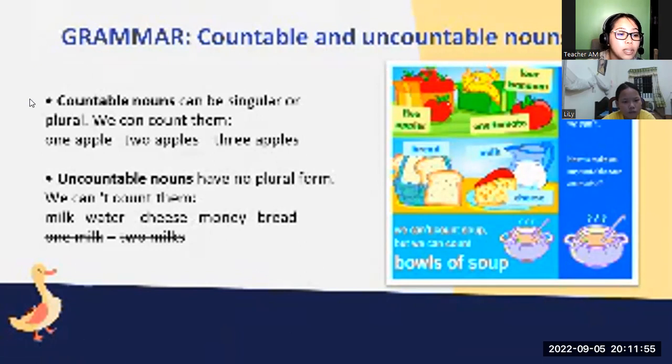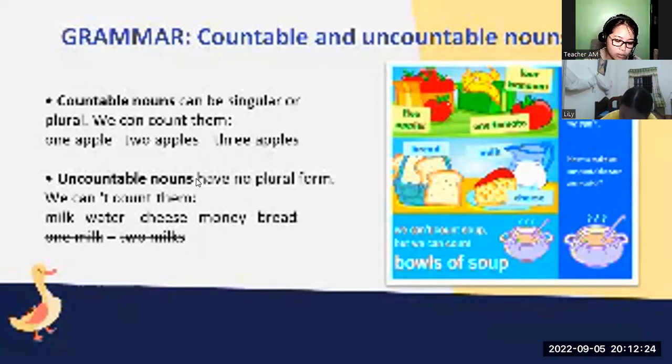Okay, countable nouns can be singular or plural. We can count them: one apple, two apples, three apples, like that. So when you say countable nouns, that means it can be counted with your finger. Example, tomato.